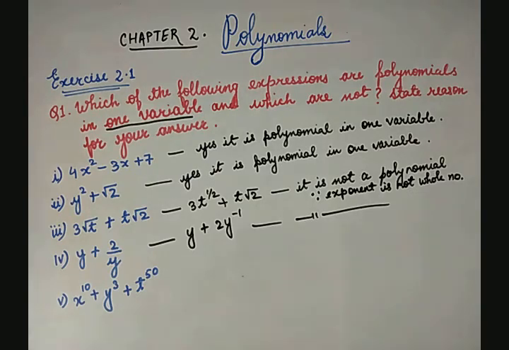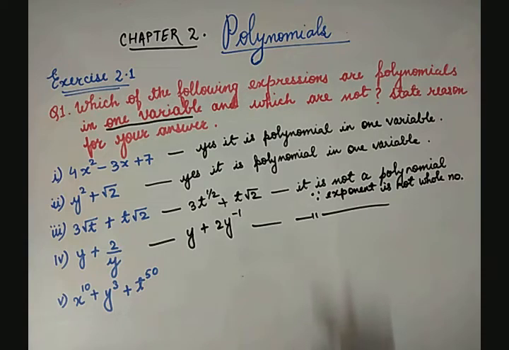Now check the fifth one. x raised to 10, y cube plus t raised to 50. How many variables are there? x, y and t. 3 variables are there, and all the 3 exponents, all the 3 powers are whole numbers, so it is a polynomial, no doubt. But this polynomial is in 3 variables x, y and t.